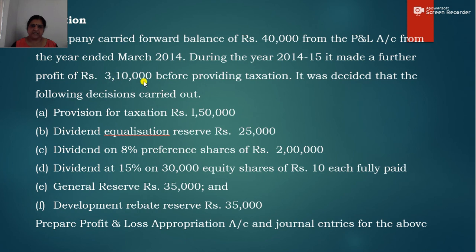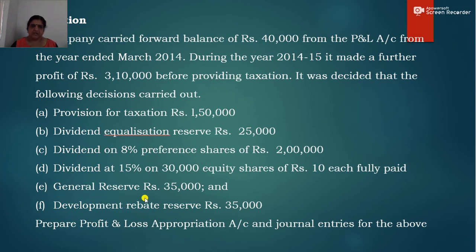Rupees 3,10,000 is before providing taxation and the provision for taxation is 1,50,000, so the net available profit for appropriations comes to 1,60,000. Now there are various appropriations: transfer to dividend equalization reserve, preference dividend, equity dividend, transfer to general reserve, transfer to development rebate reserve, etc.